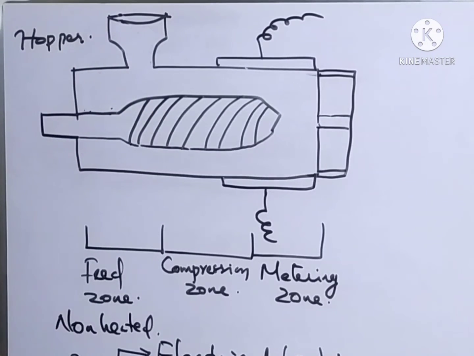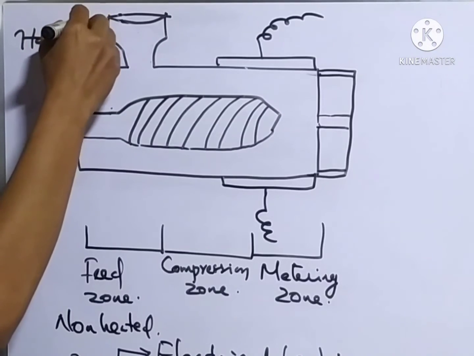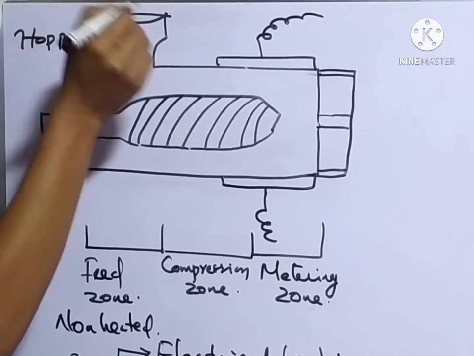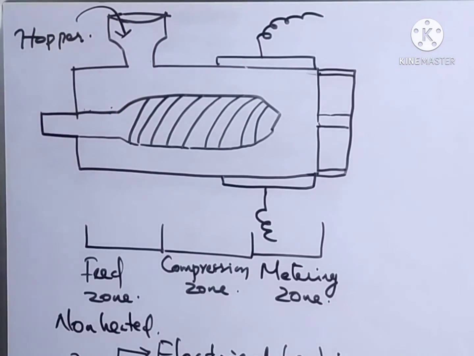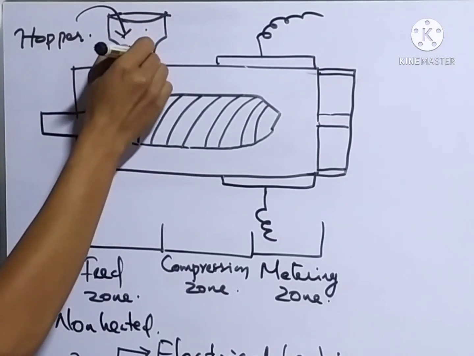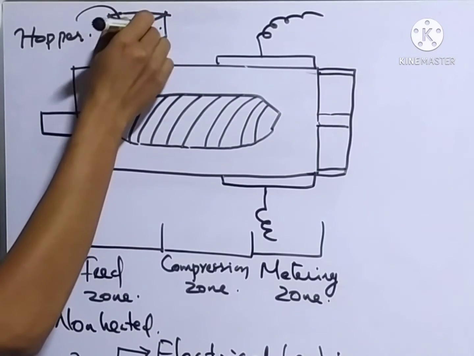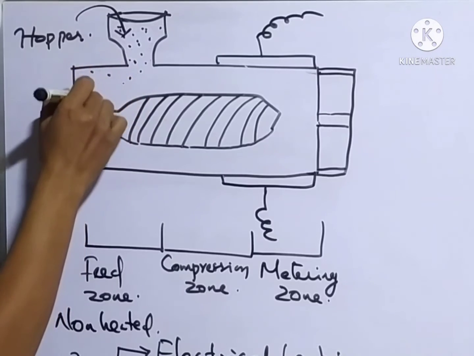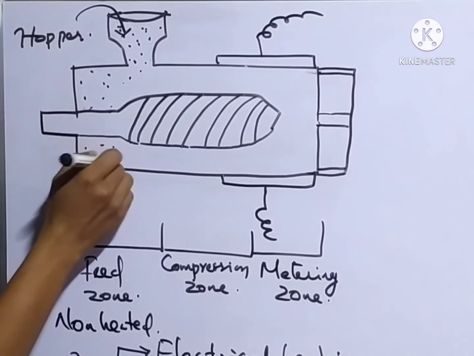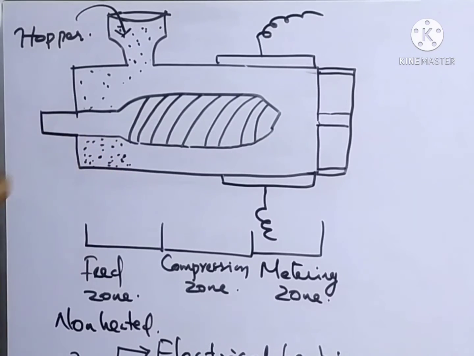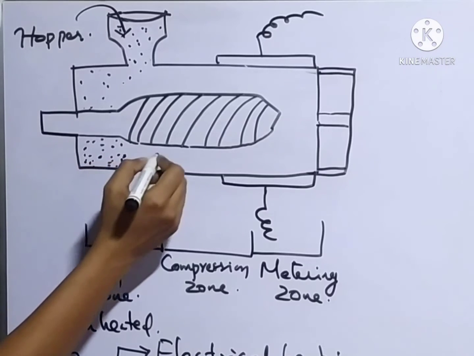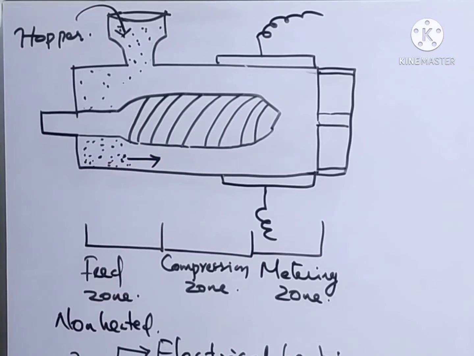So during the molding process, the granulated or powdered polymer material is poured into the cylinder through the hopper. The granulated material enters the feed zone.